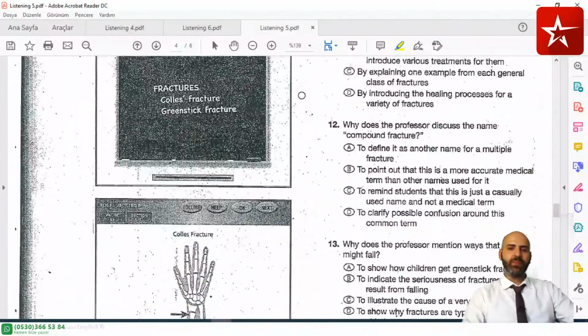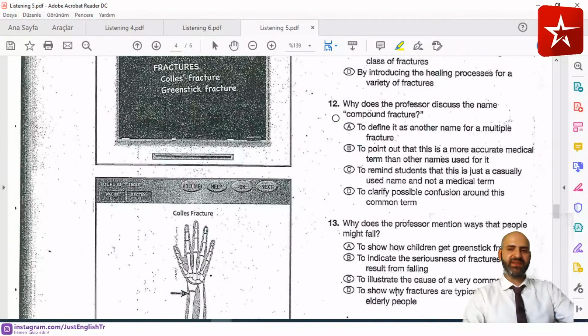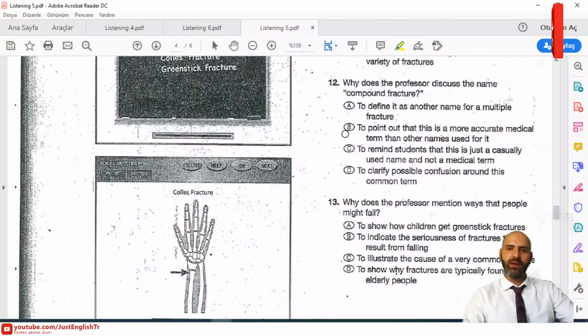Next question. Why does the professor discuss the name compound fracture? A. To define it is another name for a multiple fracture. B. To point out that this is a more accurate medical term than other names used for it. C. To remind students that this is just a casually used name and not a medical term.